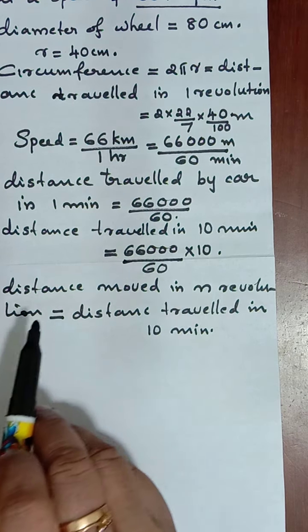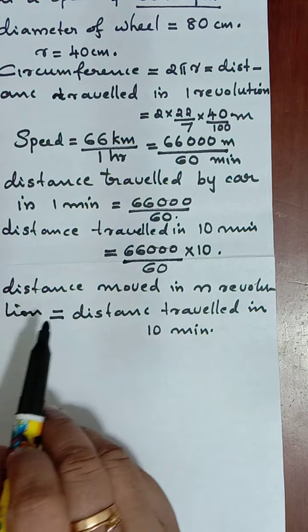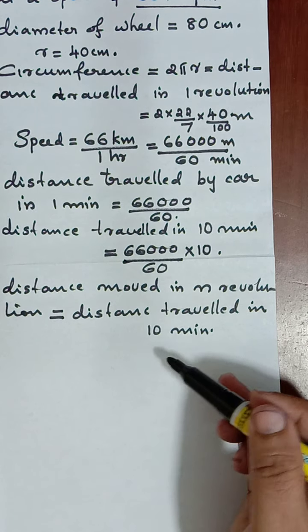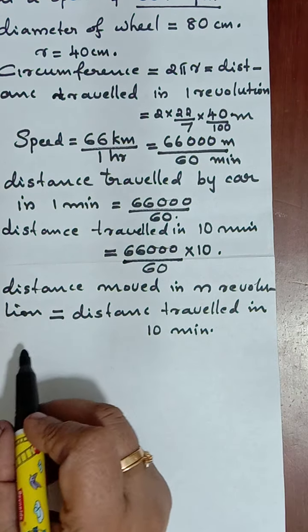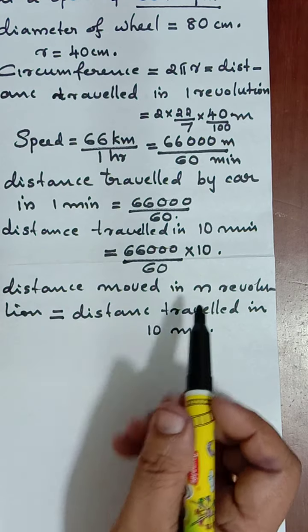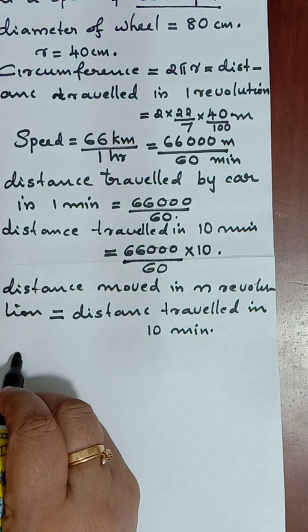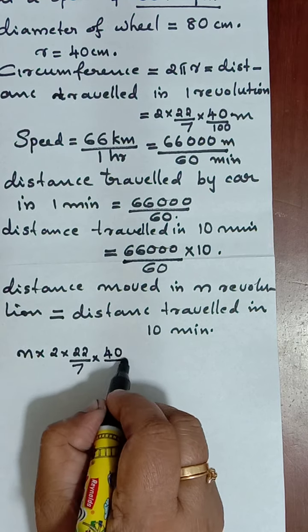Distance moved in n revolutions, n times it revolves to reach such a distance, 66,000 meters in 10 minutes. So distance moved in n revolutions is 2 pi r into n, that is n into 2 into 22 by 7 into 40 by 100.